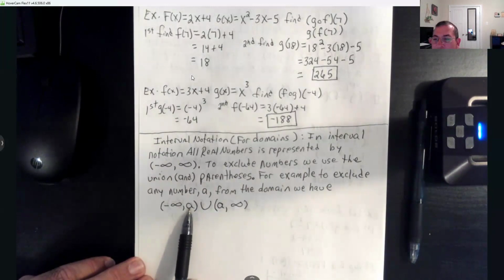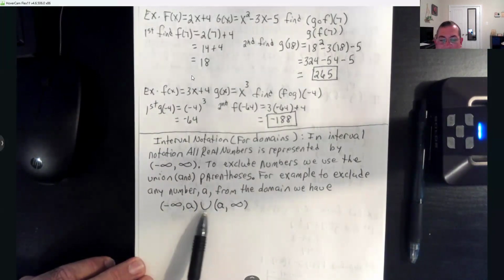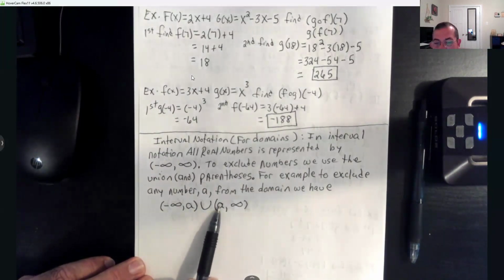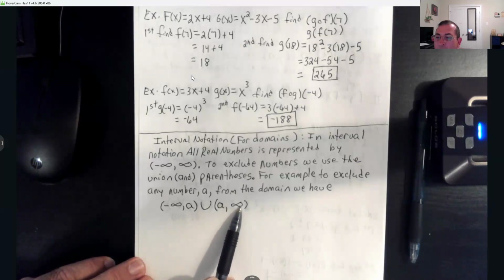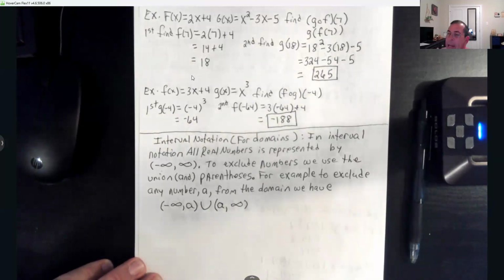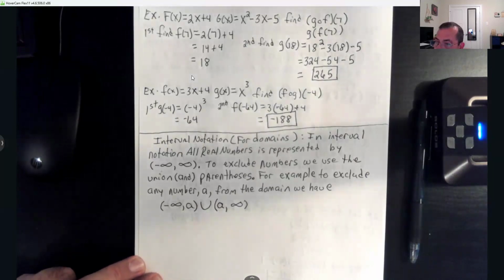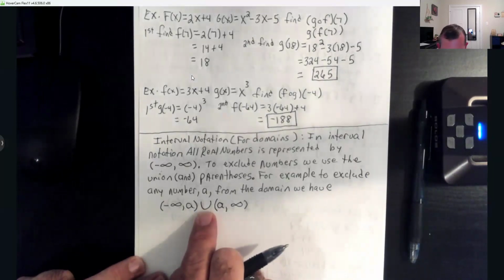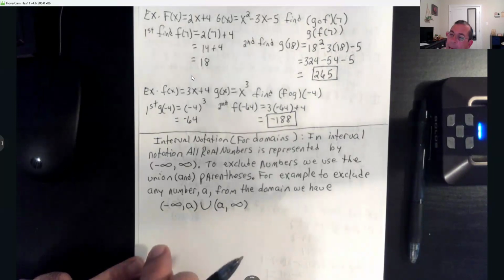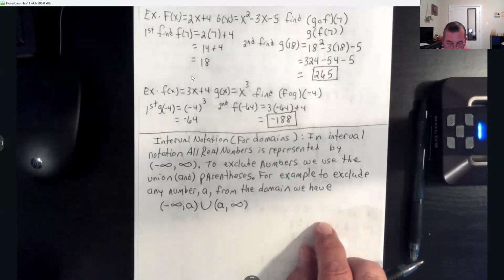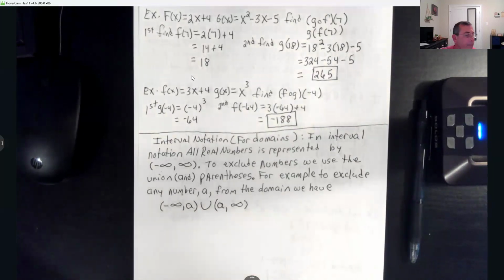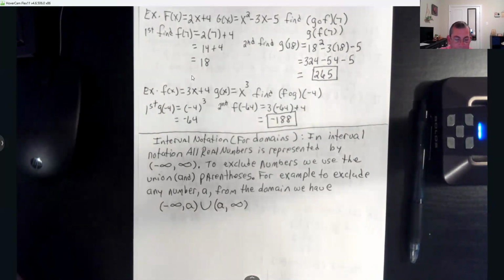So I can almost get to the A on the left side. And then right after A on the right side, remember, I can't equal A either here because of the curves. So right on the other side of A, I can go all the way to infinity. Now, for every number I kick out, I have to have a union, okay? And they have to go in order from left to right, okay?